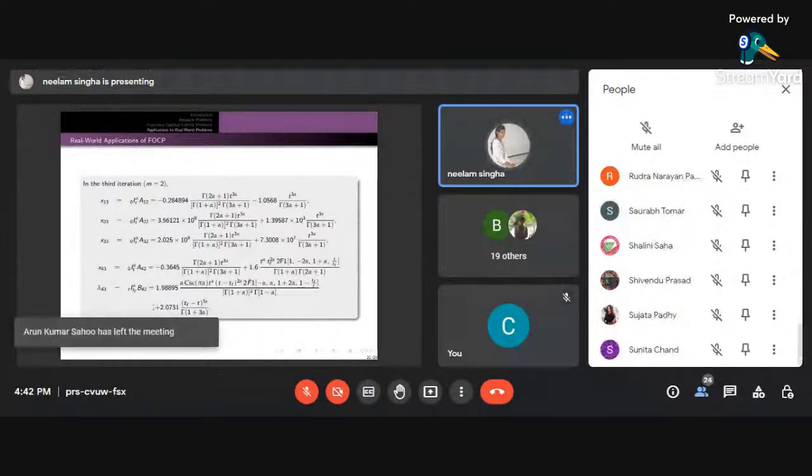Up to the third, fourth or fifth iteration we can do it, but of course we have smart computers today, so it's very easy if we are doing it with some software. But manually, these are difficult to obtain.